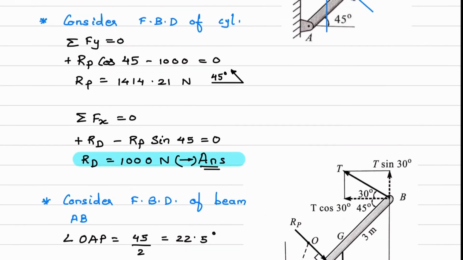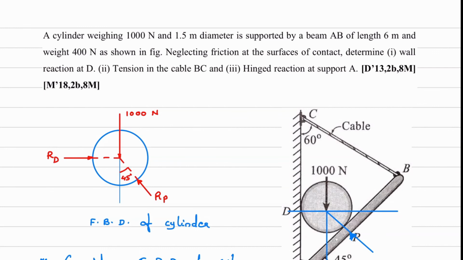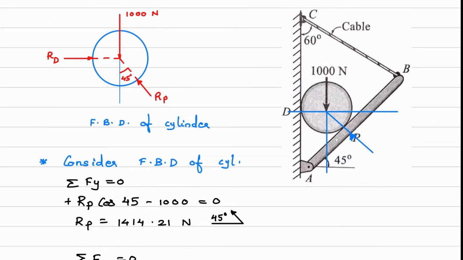In brief, I'll go back to this numerical. What we have done: a cylinder was given to us, and it is held in this position by a vertical wall and this bar, which is hinged at point A and held at point B with the help of a rope. First we considered FBD of the cylinder, and then we calculated RP, and then RD. That RD was the first question. Then we considered FBD of this bar.